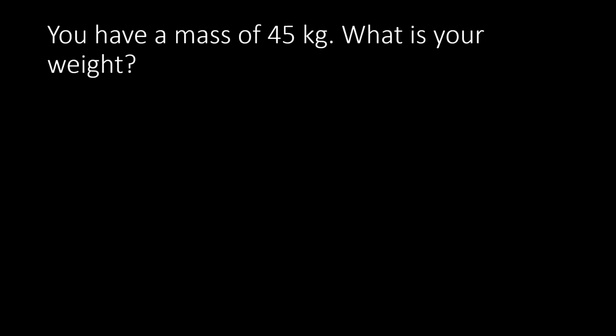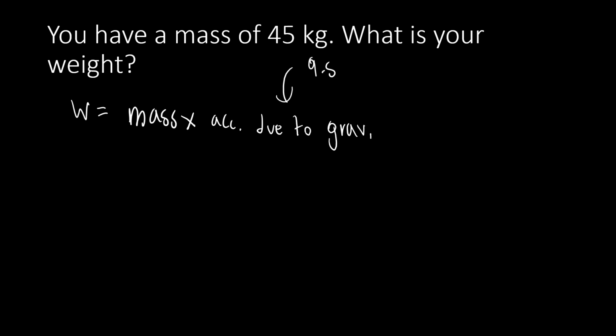So let's try an example of the proportionality of mass and weight. You have a mass of 45 kg. What is your weight? So let's write out the equation: mass times acceleration due to gravity. On the surface of the earth, that's 9.80 meters per second squared, and your mass is 45 kg.